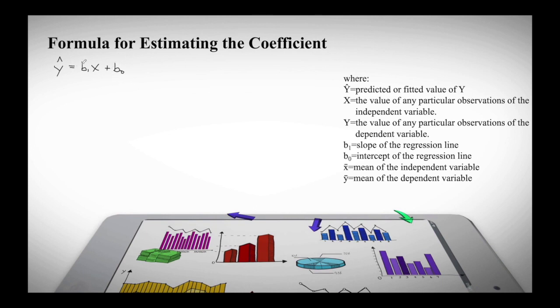So this y hat, guys, is what we call the predicted or fitted value of y, wherein b sub 1 is equal to the slope of the regression line, gaano kataas or kababa yung angle, no, yung slope nun, and multiplied to x natin, wherein the x is the value of any particular observations of the independent variables. Plus b sub 0, we have here the intercept of the regression line.